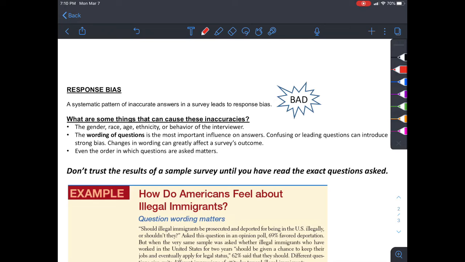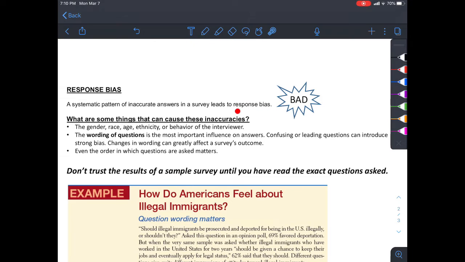The third type of problem that can create bias is not non-response, but response bias. Non-response is when people don't respond or you can't get a hold of them. Response bias, on the other hand, is a systematic pattern of inaccurate answers in a survey.